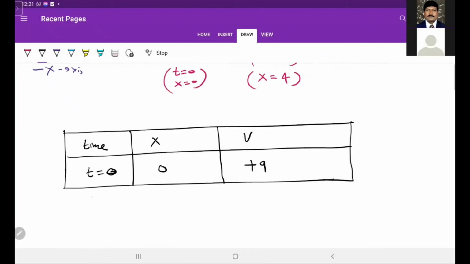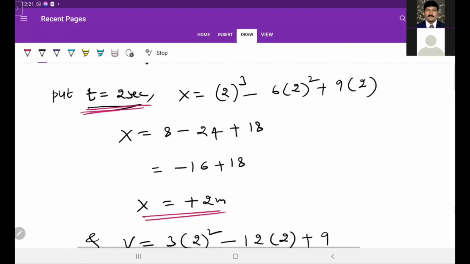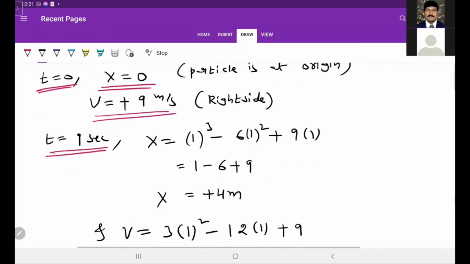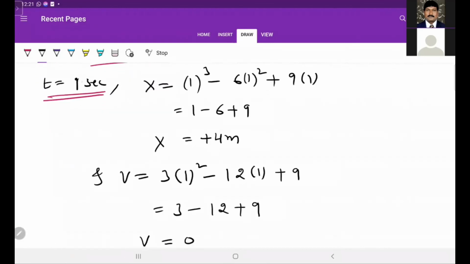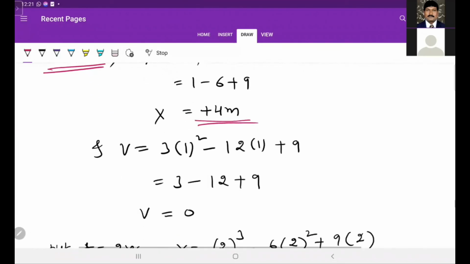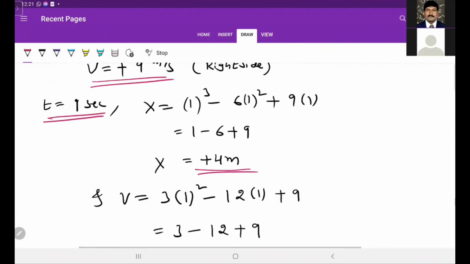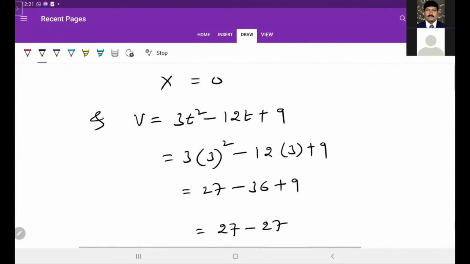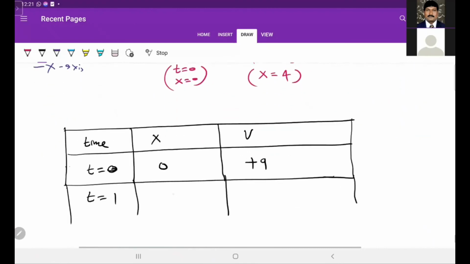Plus 9. At time t = 1 second, what is x? We go back to the above derivation. At time t = 1, x is 4 and velocity is 0. So x is plus 4, velocity 0.